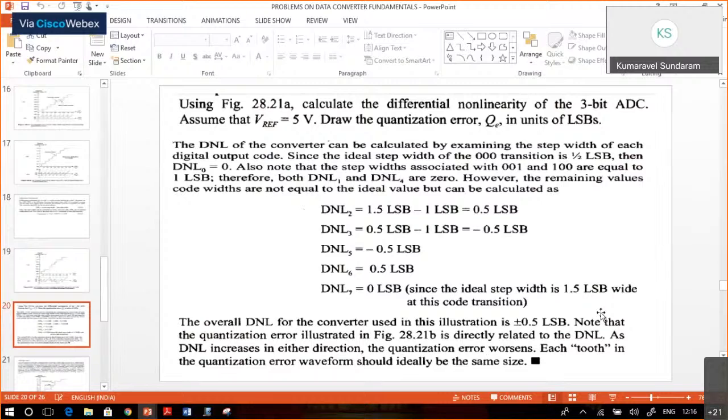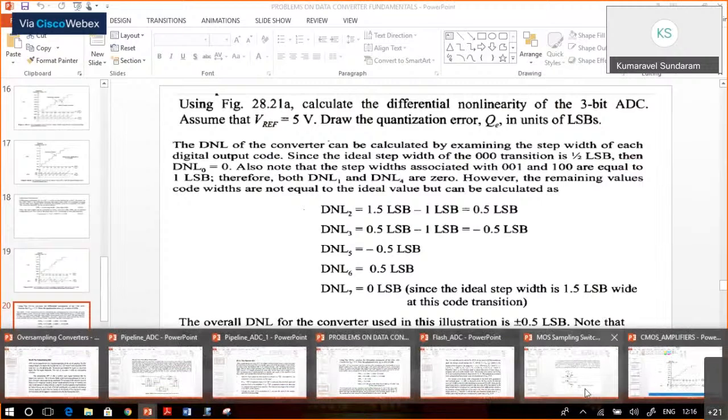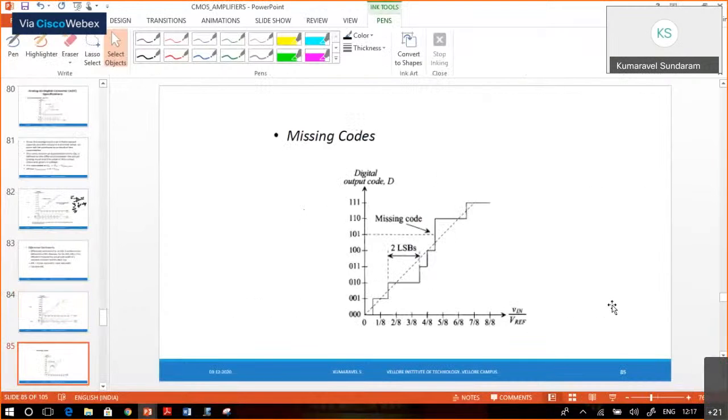So if the DNL is less than minus 1 LSB, you will have the missing codes.